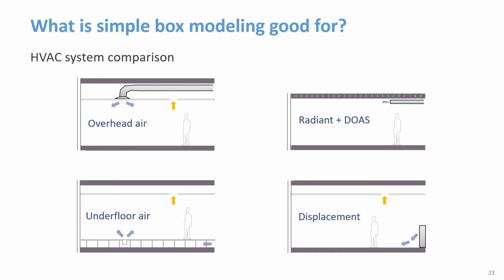Some HVAC system types, like the variable air volume reheat that delivers overhead air, require space for ducts above the ceiling. Other system types, like radiant heating or cooling, can get by with less space because they rely on pipes rather than ducts for distribution.